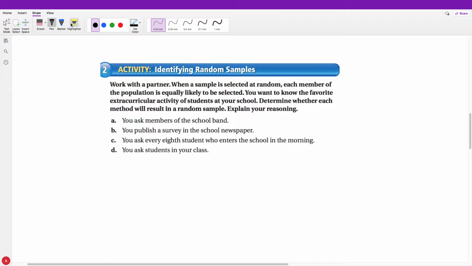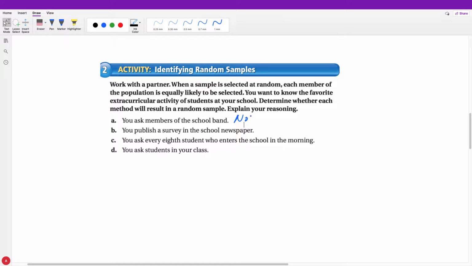Explain your reasoning. So will this A, you ask members of the school band. Is that a random sample? No, that's not. Because we're trying to find out favorite extracurricular activities, and maybe this is something we'll use to say, well, maybe we should gear our school towards more of these activities. If you're just asking about the school band, first off, you're picking the sample knowing everyone that's part of that band.